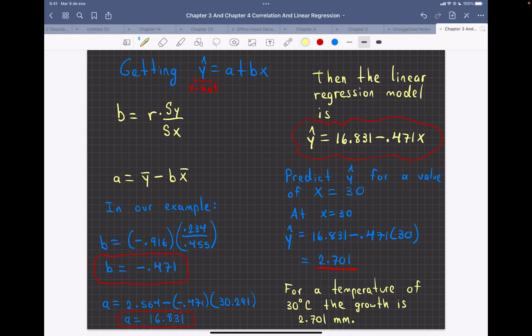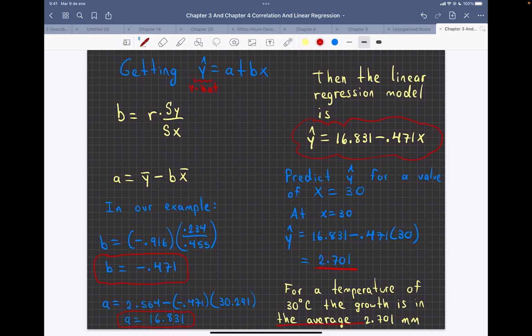You see? But I'm sorry, I forgot one or two keywords here: on average, 2.701 millimeters.